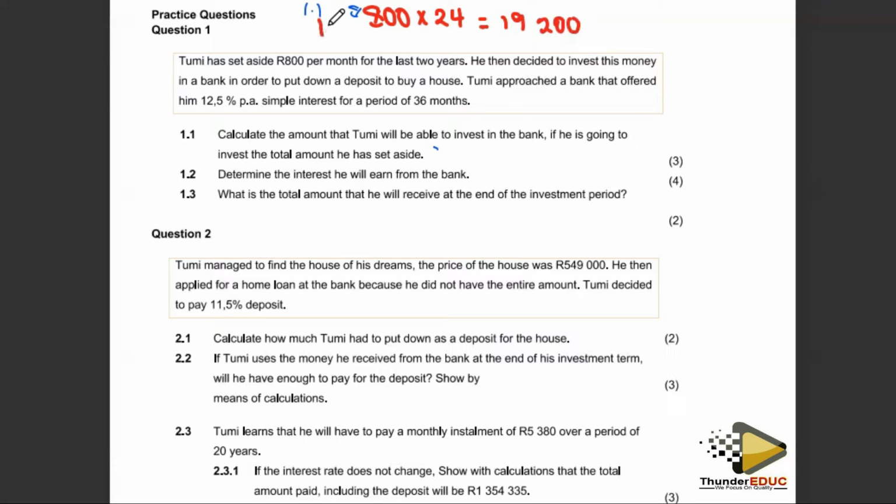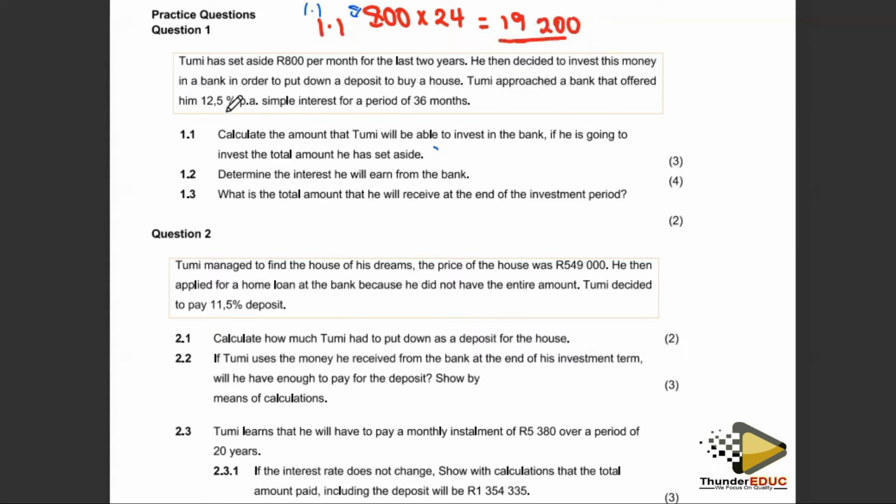This is question 1.1. Now, determine the interest he will earn from the bank. Remember, he has invested this much money.